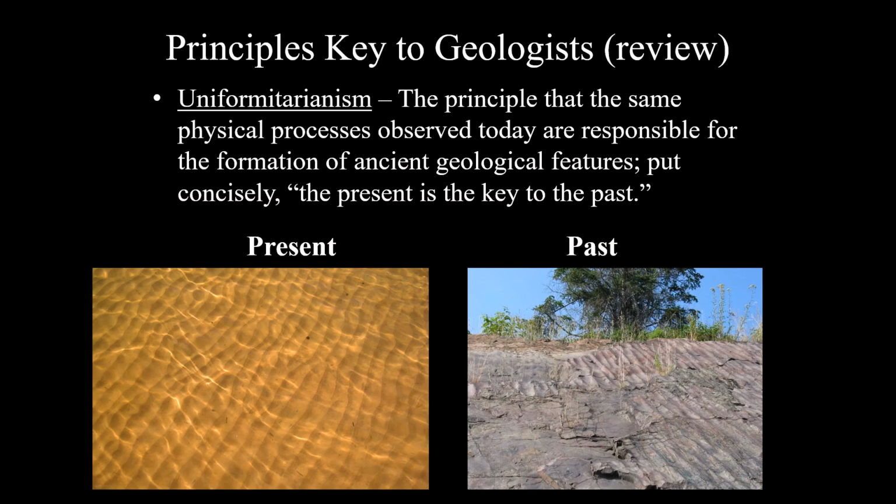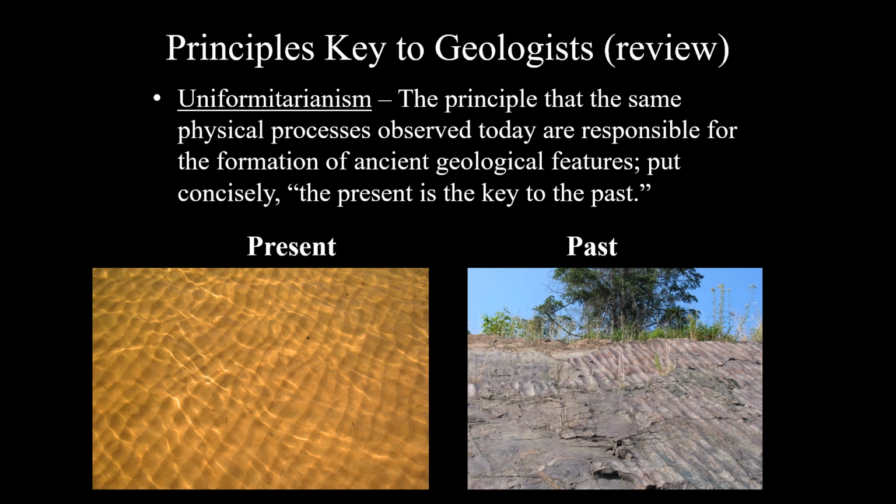So we have to remember a few key principles. The principle of uniformitarianism states that essentially the present is the key to the past. For example, ripple marks like you see in the image on your left are usually associated with water flowing. If they're symmetrical, it's usually in areas that have tidal influences, where water flows in one direction for a little while and then the other direction for a little while, and you get these nice symmetrical ripples.